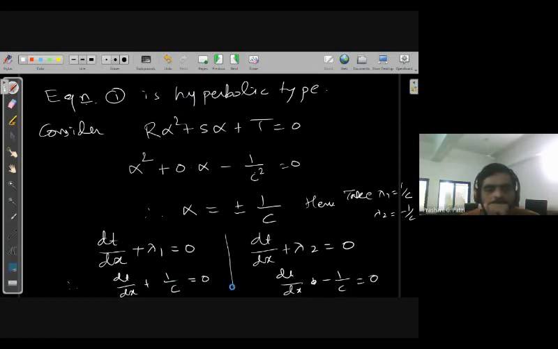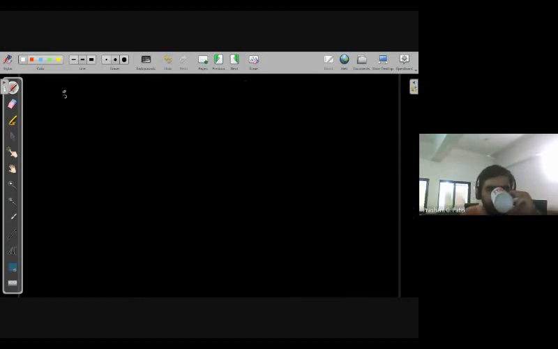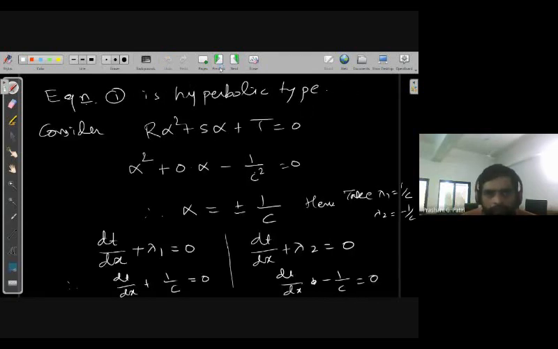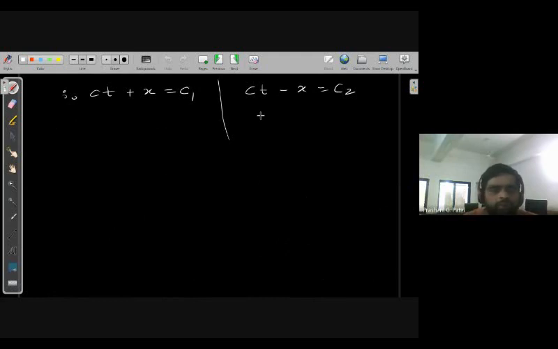If I simplify this by the separable variable method, this gives me ct plus x equal to constant, let's say that constant is c1, and ct minus x equal to c2, another constant. That means by the separable variable method we solve these two ordinary differential equations and we have this.